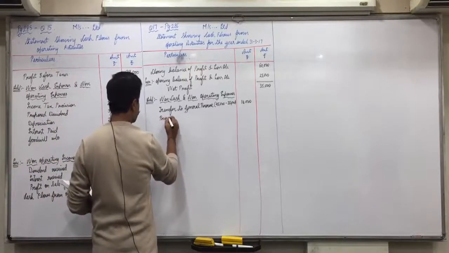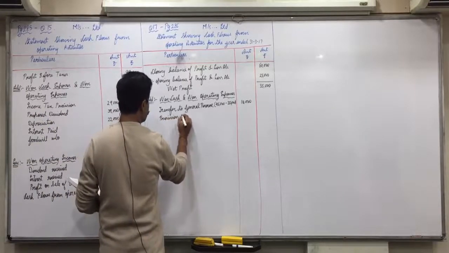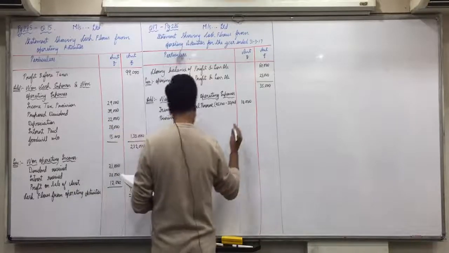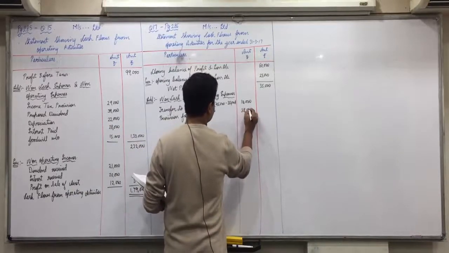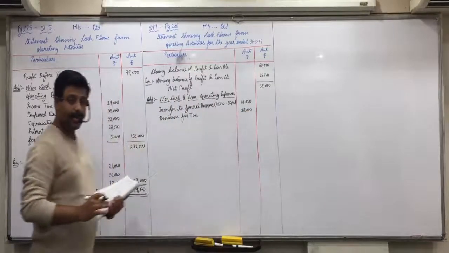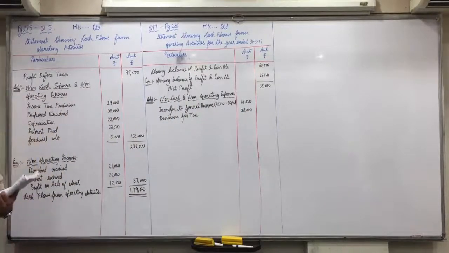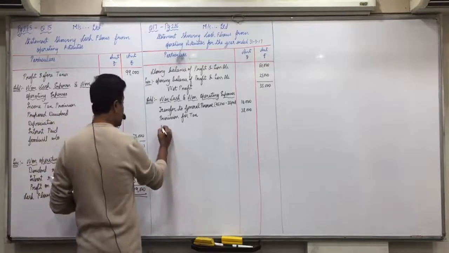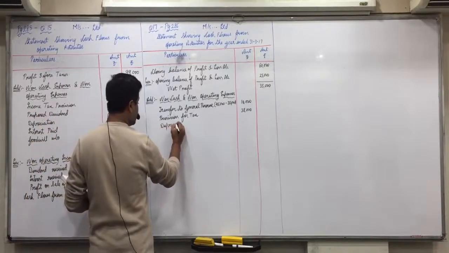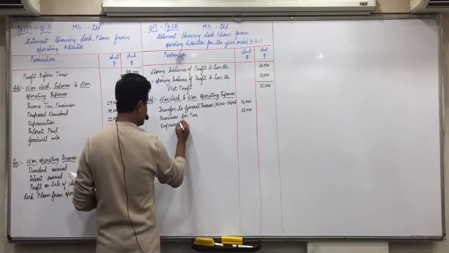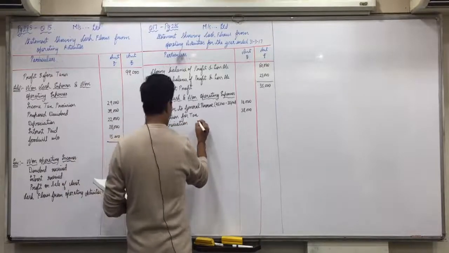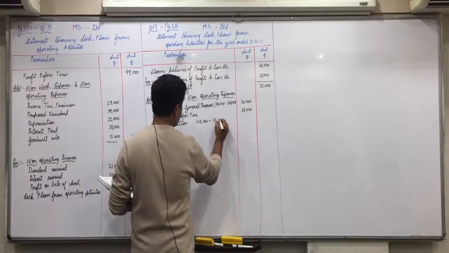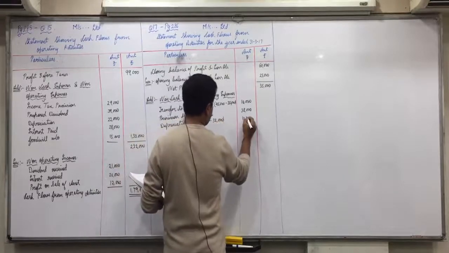Provision for tax. Here we don't take the difference, here we take current year's amount 38,000. Understood this everyone? Depreciation 42,000 minus 32,000, 10,000.